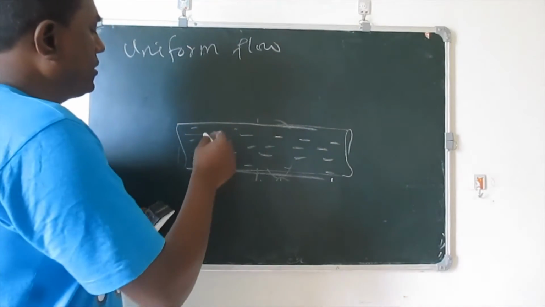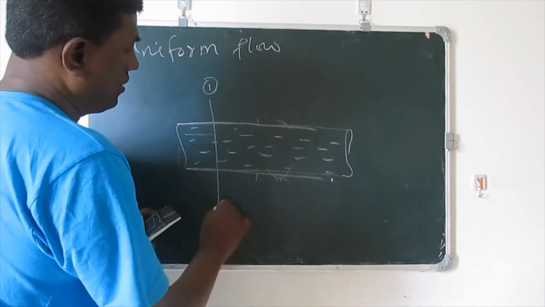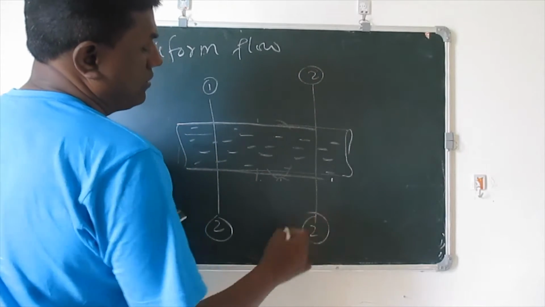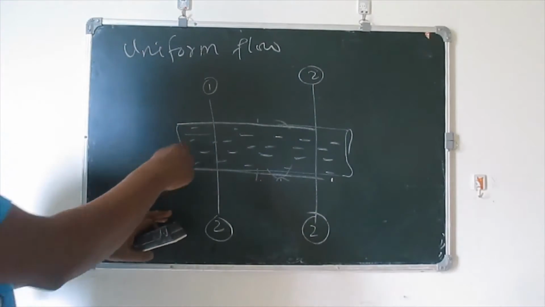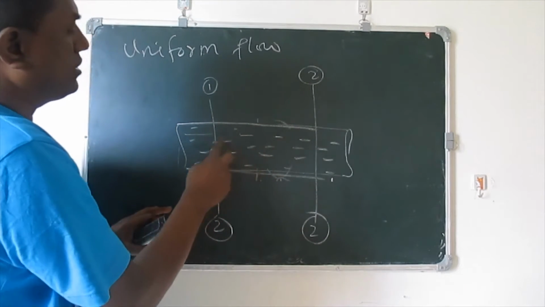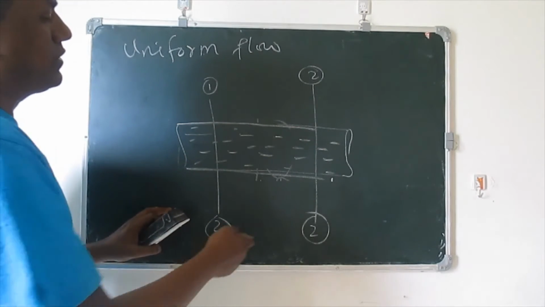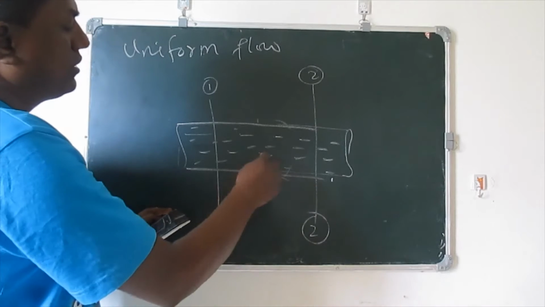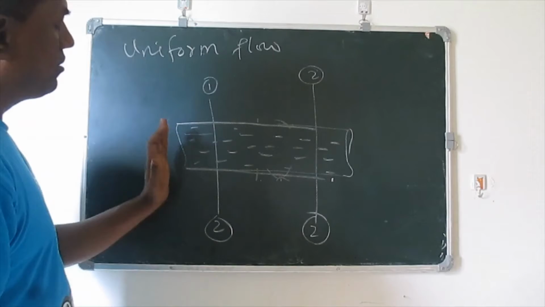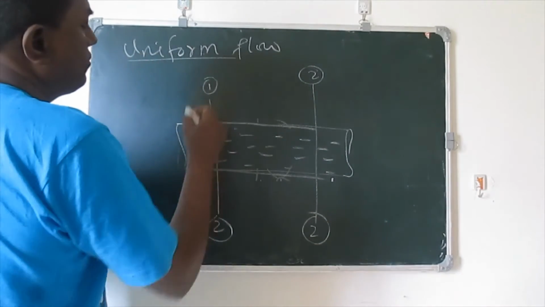If you take two sections, section 1 and section 2, and the flow parameters or fluid characteristics are not changing at a different space, in the sense at different cross sections in this case, then that is what we call uniform flow.